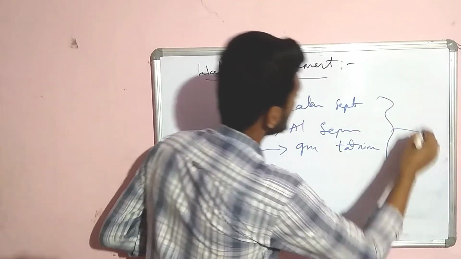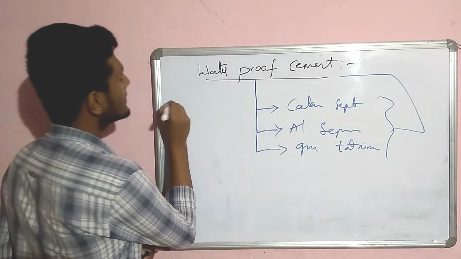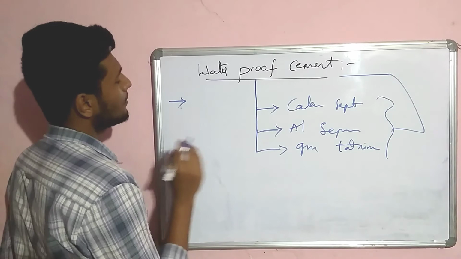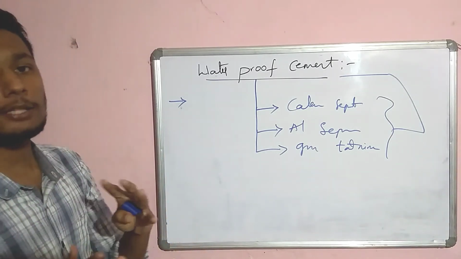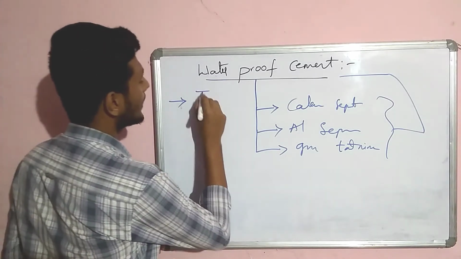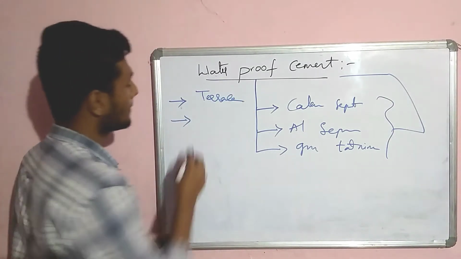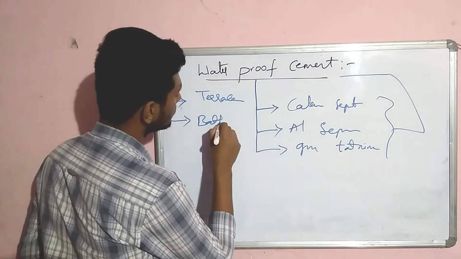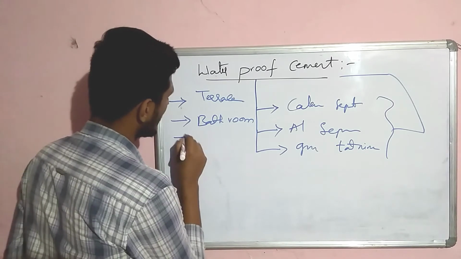These three ingredients are used to produce the waterproofing cement, which is generally used at places with direct exposure to nature, on the terrace, in the bathrooms. It is also used in marine structures.